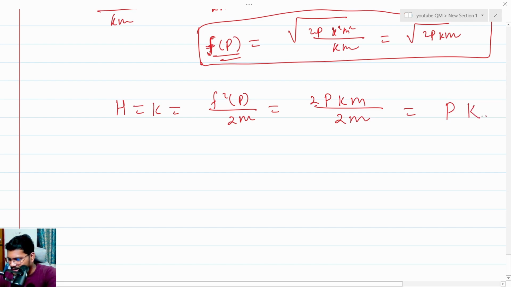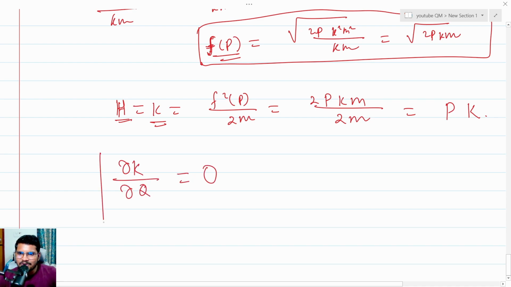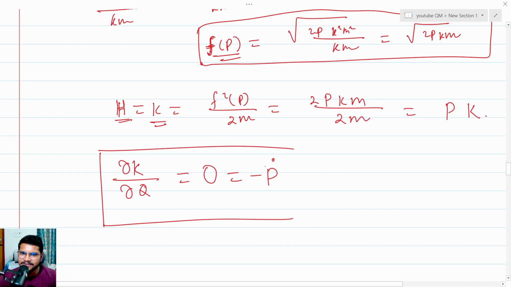And you have to understand a very interesting thing: this is k or this is h. If I'm writing, delta k by delta Q is going to be constant. So you see, we got the cyclic coordinate, and if delta k by delta Q is constant, it is nothing but this P dot, right? Therefore it simply says that this generalized momentum is going to be constant, isn't it?